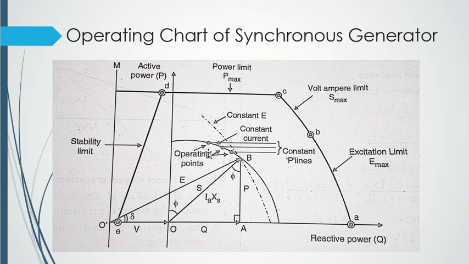Because it is cutting the active power axis, we call it constant power lines. Okay, and these constant power lines you are seeing here will be parallel to your horizontal axis, or your reactive power axis. These lines, constant power lines.